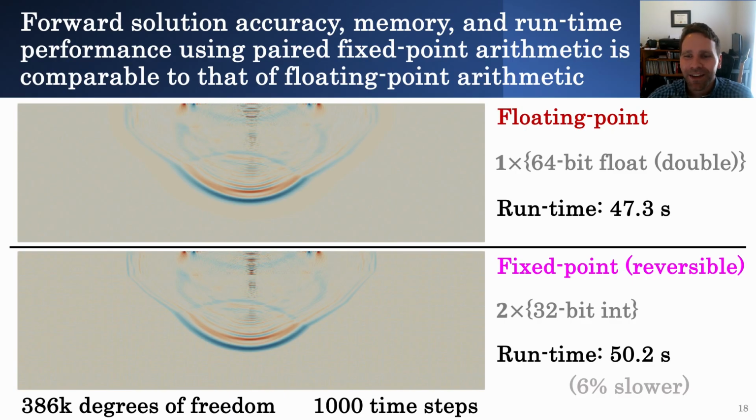And moreover, the overall computational runtime using floating point precision versus fixed point numbers is fairly comparable. It's maybe 6% slower for this problem involving close to 250,000 degrees of freedom and roughly 1,000 time steps, but that's actually pretty good. Overall, it's not a significant slowdown.